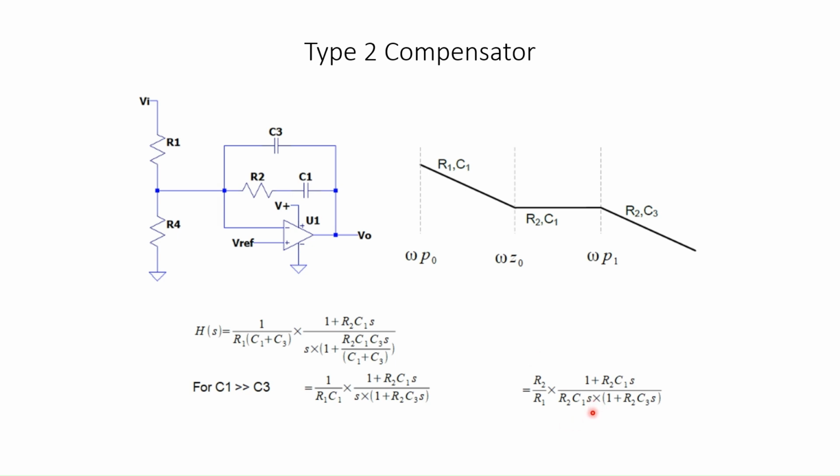Since there is a pole at origin, the magnitude falls at 20 dB per decade from the origin. Generally this 0 comes next.